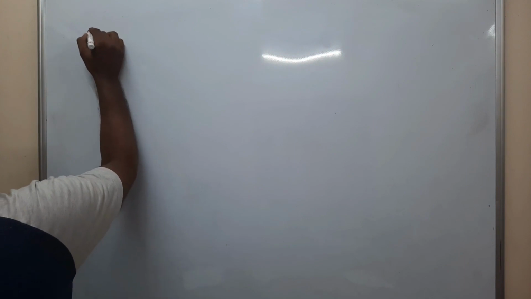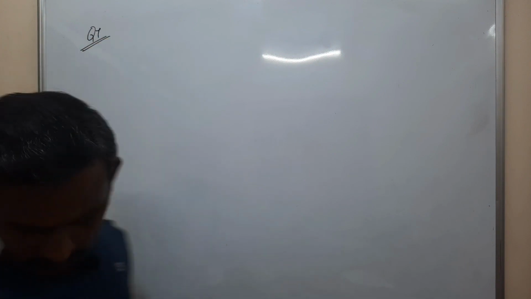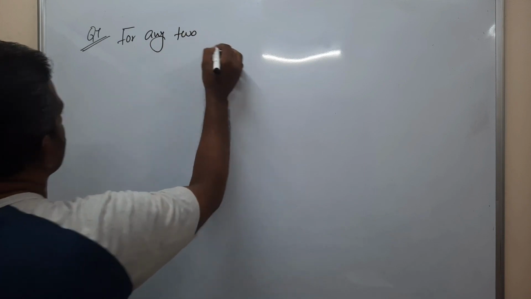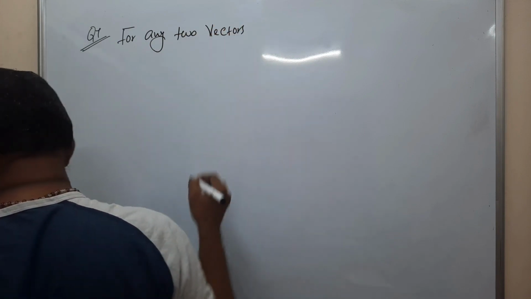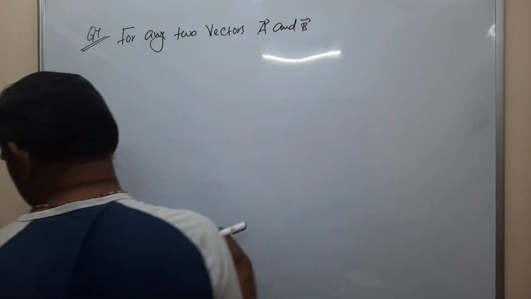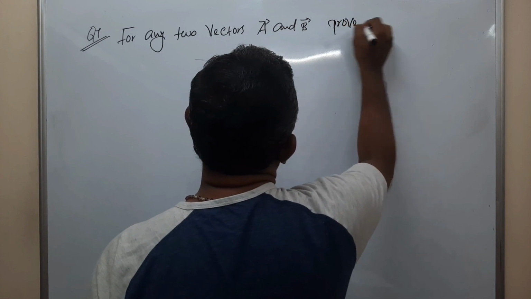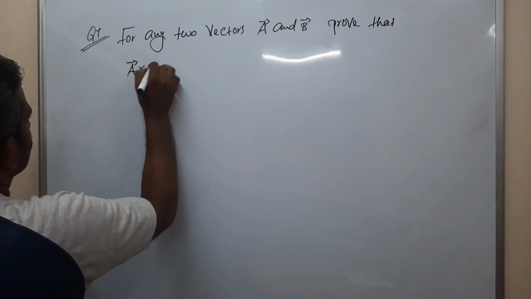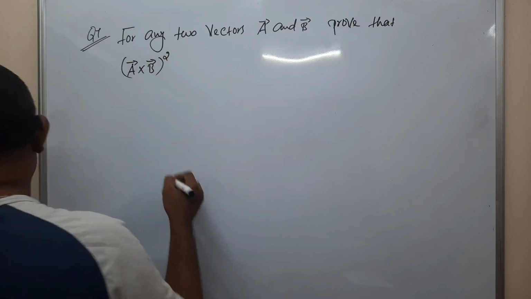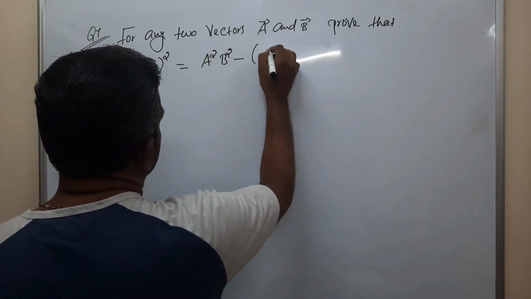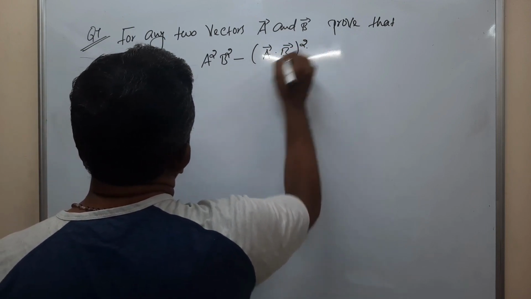Seventh question. For any two vectors, A vector and B vector, prove that A vector cross B vector the whole square is equal to A square B square minus A vector dot B vector the whole square.